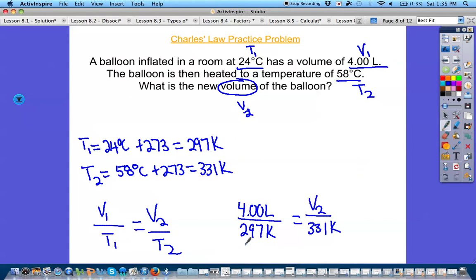So we need to do some cross multiplication. 4 liters times 331 Kelvin equals 297 Kelvin times V2.